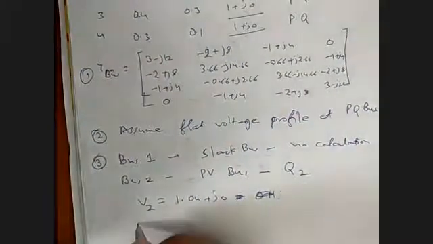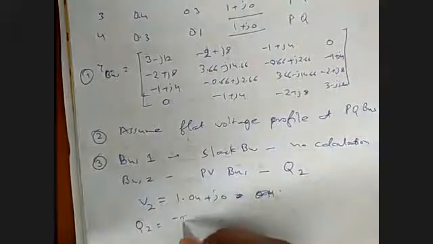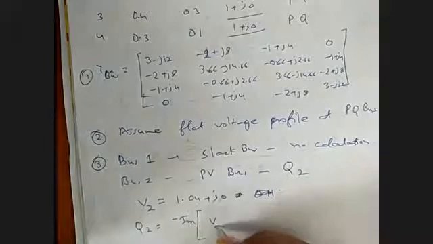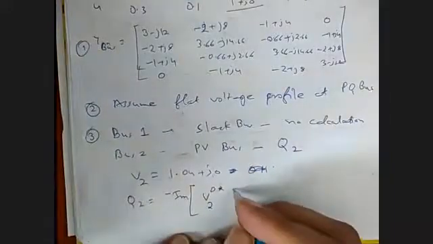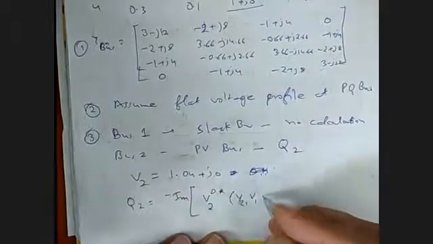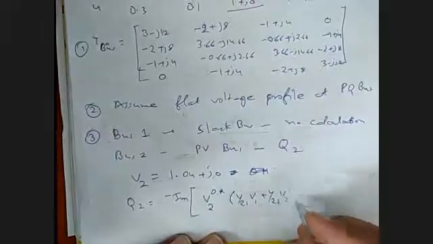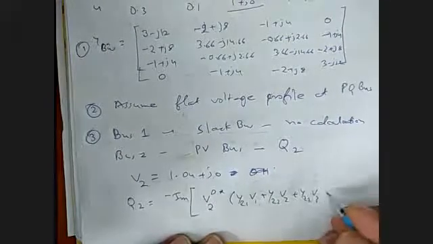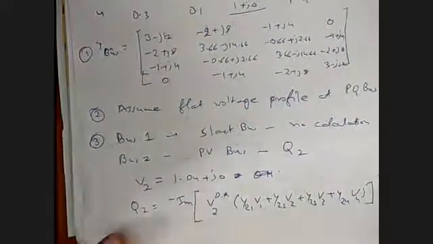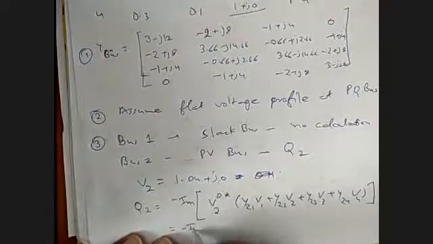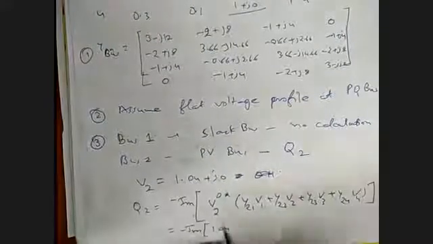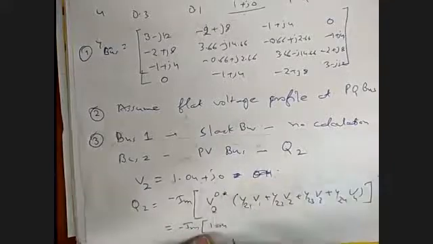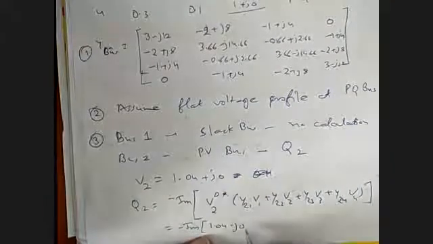The Q2 is minus imaginary part of V2 star into Y21 V1 plus Y22 V2 plus Y23 V3 plus Y24 V4. So this is minus imaginary part of 1.04 plus J0. So that is complex conjugate will be minus J0.